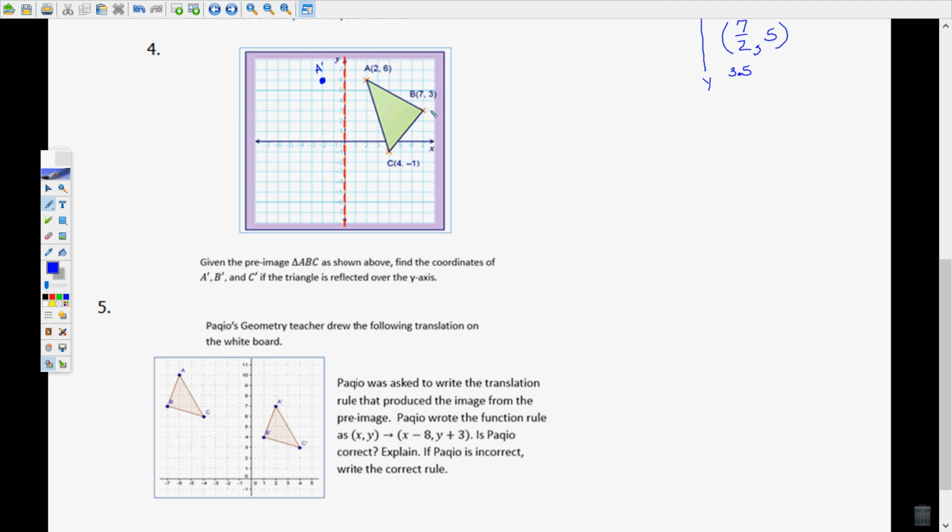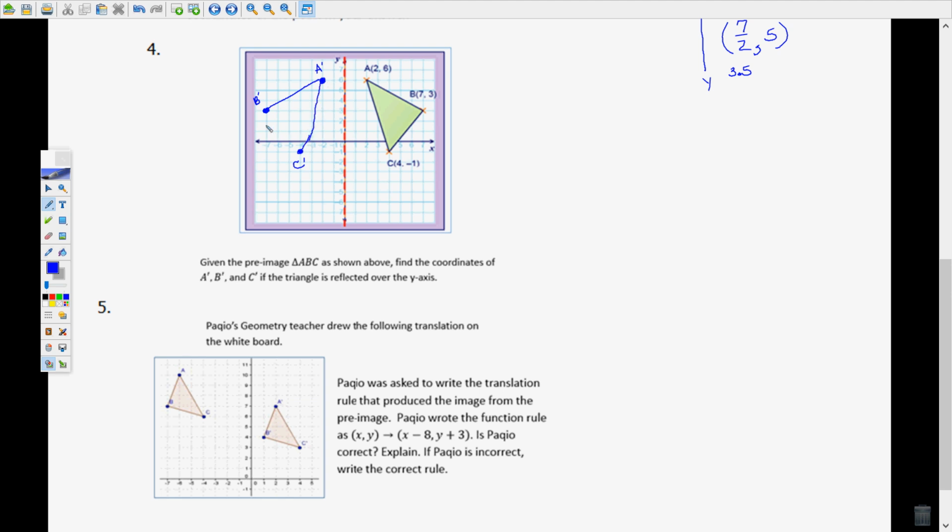Your B is at (7, 3). It would be at (-7, 3) over here. Right here would be your B prime. Your C is at (4, -1) on this side. It would be at (-4, -1) on this side, and that would be your C prime. And you connect the dots.